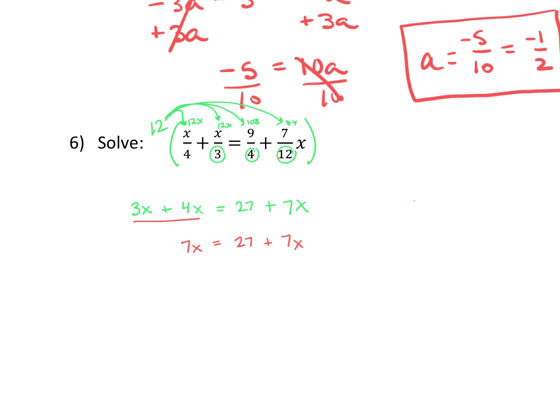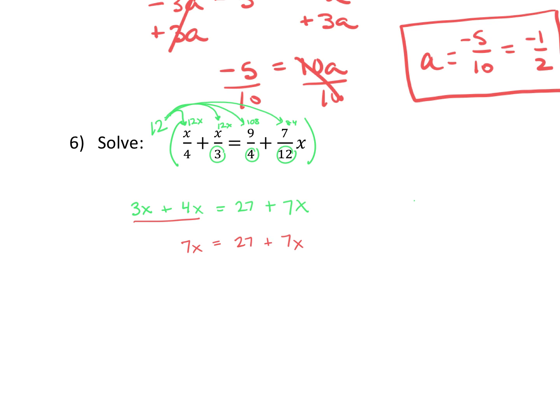So again, we might notice we've got a 7x on the left and a 7x on the right. When those are the same, is a 7x plus 27 going to be equal to just a 7x? And I can tell you right now, it's not going to be equal, but why don't we follow through with our solving and just see how we get there algebraically.